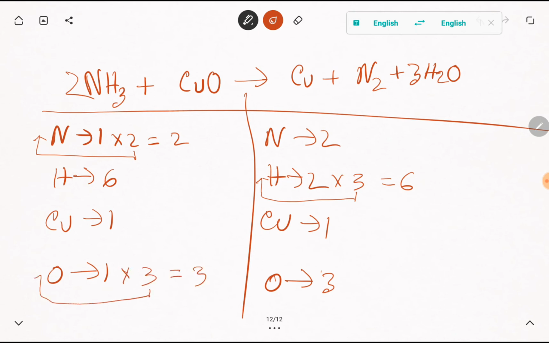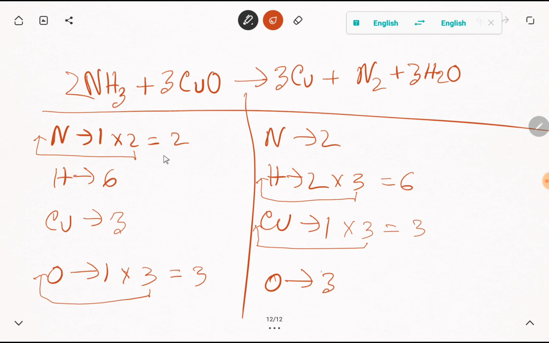This 3 must come before this oxygen that is here. If I place here 3, the number of copper will be 3. So now I need to balance the copper, so I can multiply here by 3, that gives me 3. This 3 must come before this copper that is here.